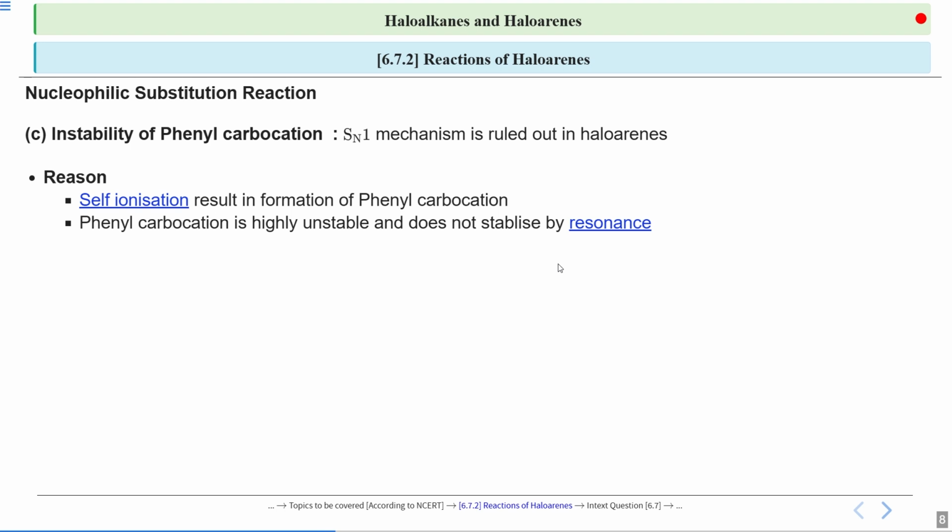Okay, why is it so? Basically, in the phenyl carbocation, the delocalization of the positive charge present on the carbon disrupts the aromaticity of the ring, making it energetically unfavorable. This is energetically unfavorable and does not stabilize by resonance. So the phenyl carbocation that you get after the removal of halogen is highly unstable.